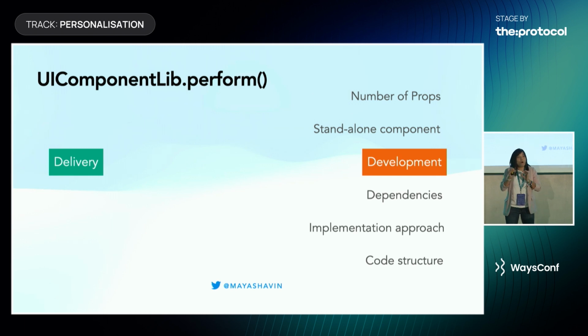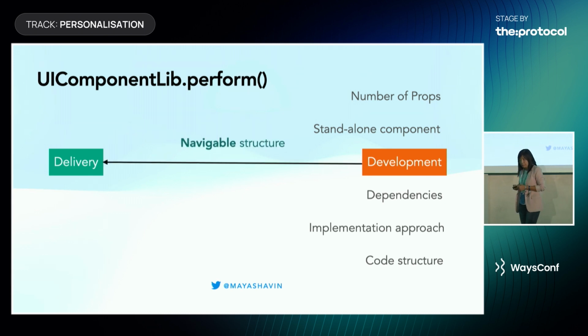And also for an open source component library, this is more crucial because people from outside of your project have to be able to come in, get on their feet, understand the code structure, understand what dependency you are using, what code structure you're using in order to help you develop your library and deliver faster.